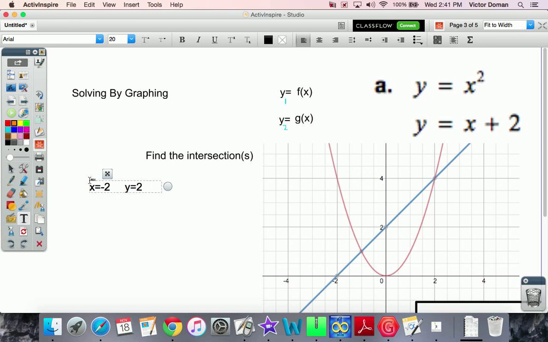Or we could put it in the ordered pair, -2, +2. My other solution, the other intersection, you notice it crosses twice, which makes sense. This is a parabola, mirror image on both sides, so it's actually going to cross once, twice, is at 2. That was 1, 1. Well done.